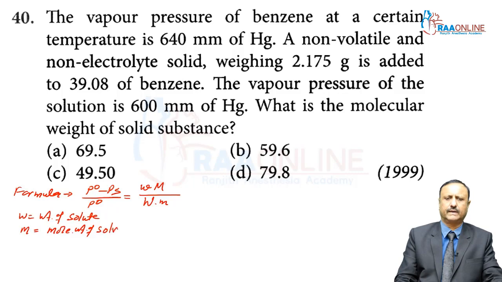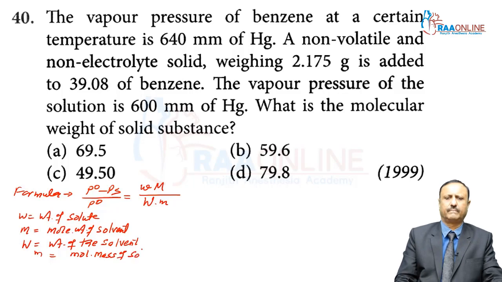If water is not taken, then the solvent. And here, what is the capital W? This is the weight of solvent, and capital W and small m. What is the small m, my dear friends? Small m is the molecular mass of solute.